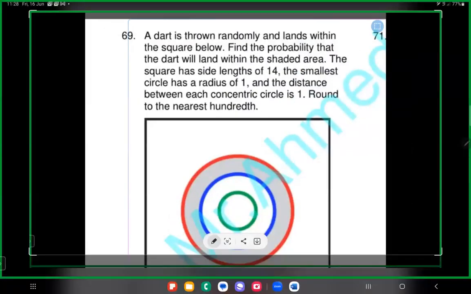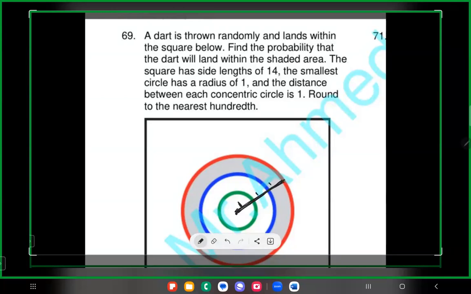First of all, the smallest circle has a radius of 1, and the distance between each concentric circle is 1. So this is 1, this is 1, this is 1, so the largest radius is 3.